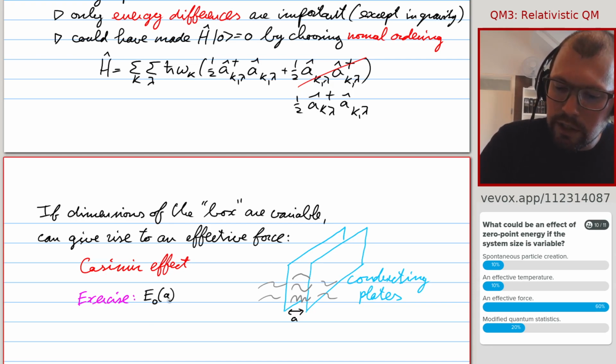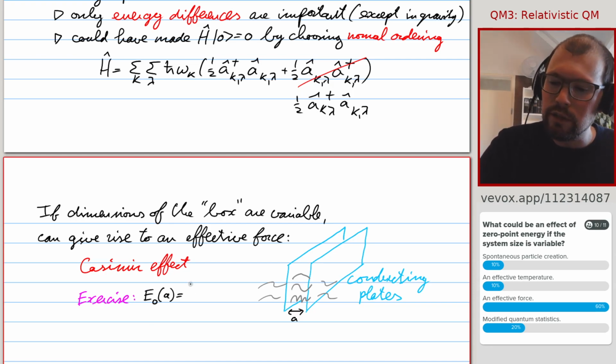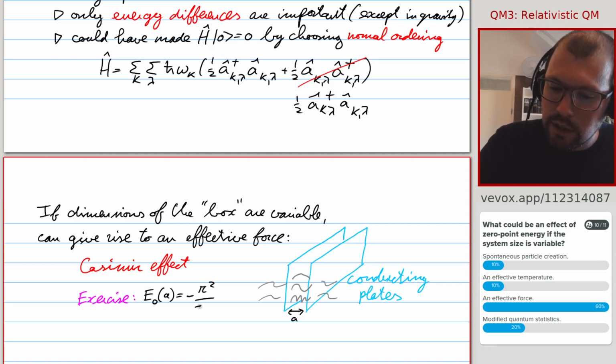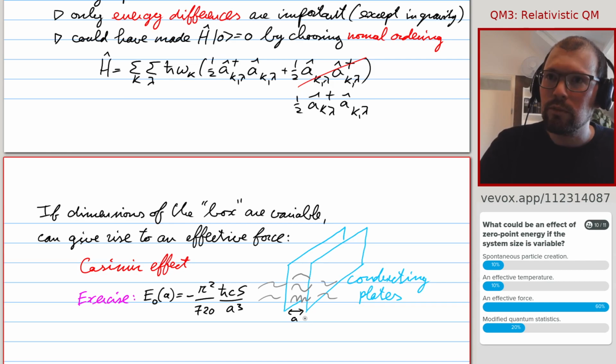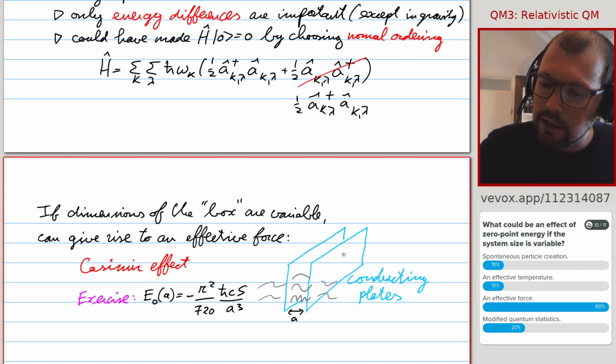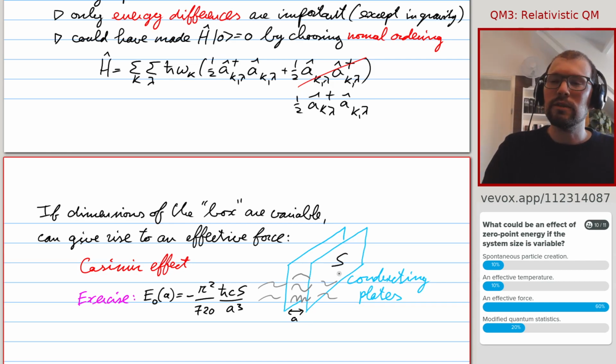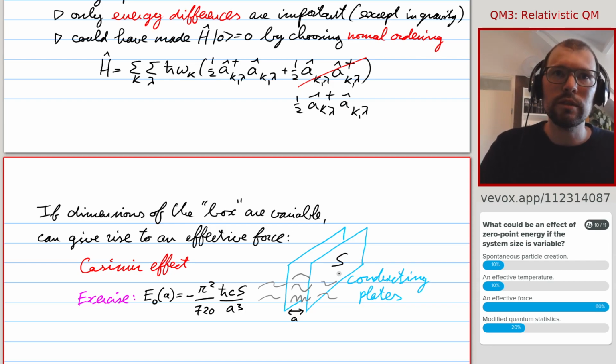Where at least partially you will derive that the zero-point energy is of this form, where A is the separation of the plates and S is the area of the plate.